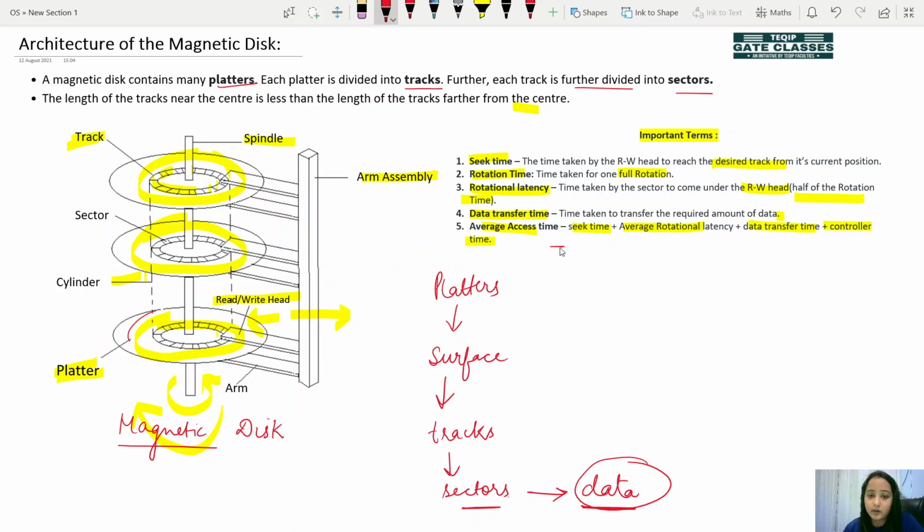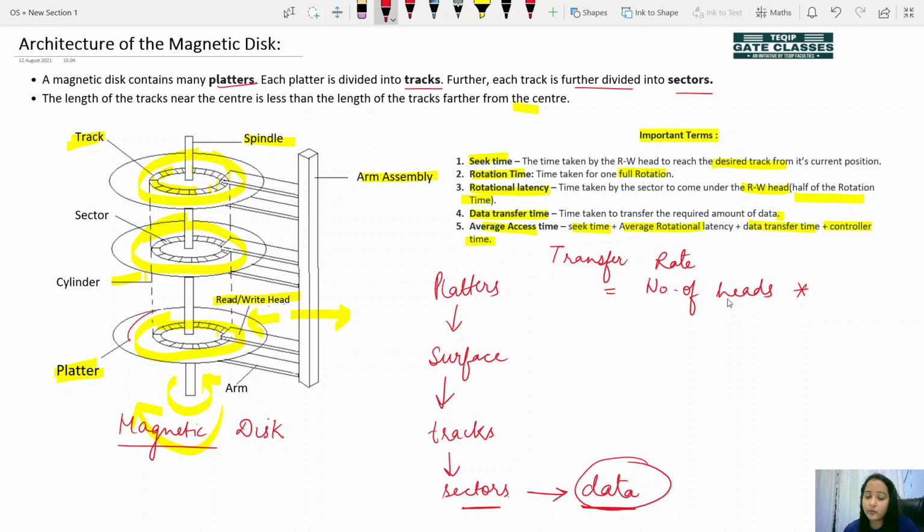There is another formula called transfer rate, that will be given by number of heads multiplied by capacity of one track multiplied by number of rotations in 1 second. If number of heads are not given, but number of surfaces are given, you can take it as that one, because the number of heads will be directly depending upon the platters or surfaces. Generally one read write head is needed for one surface.